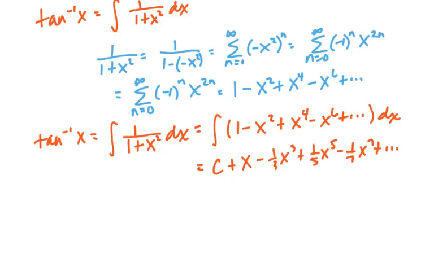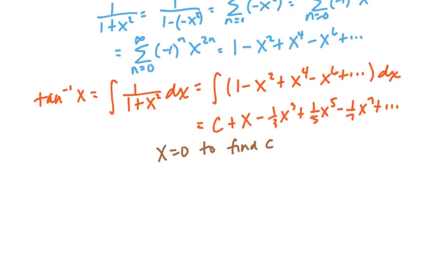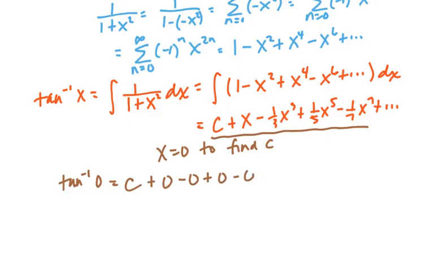So now we're going to let x equal 0 to find c. So this means that inverse tangent of 0 equals c. The first term over here is c, plus 0, minus 0, plus 0, minus 0, plus, and so forth. Now the inverse tangent of 0 is 0.